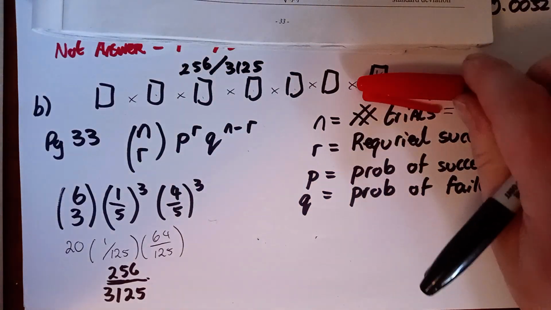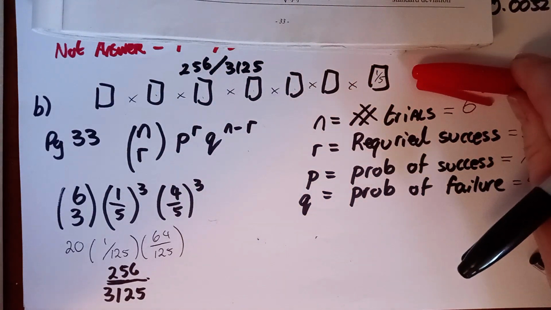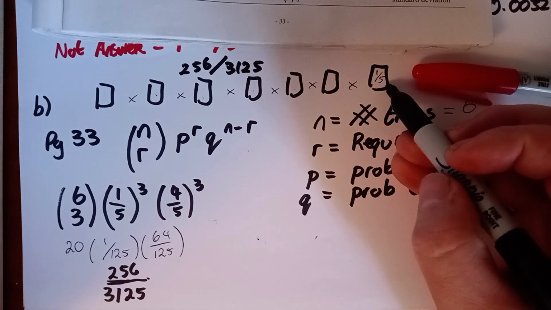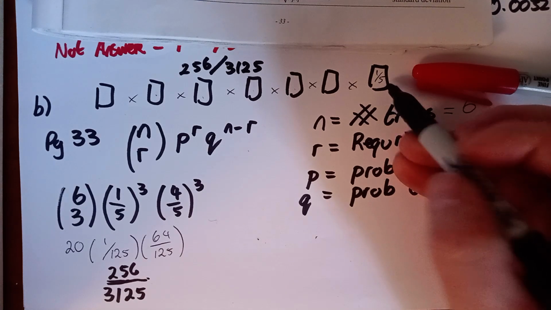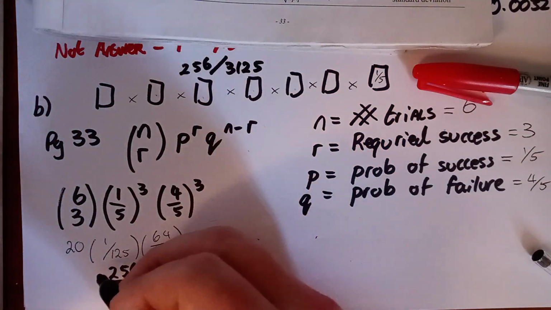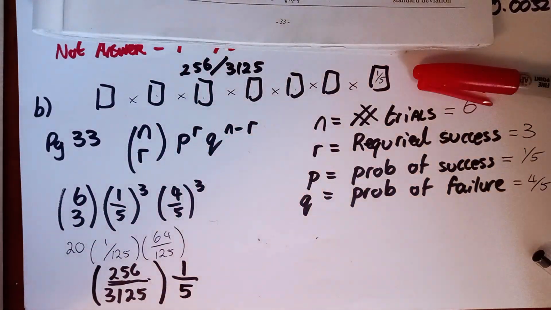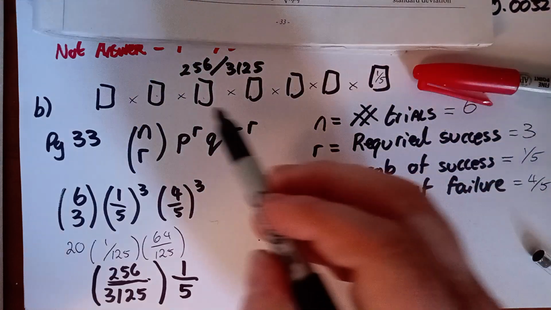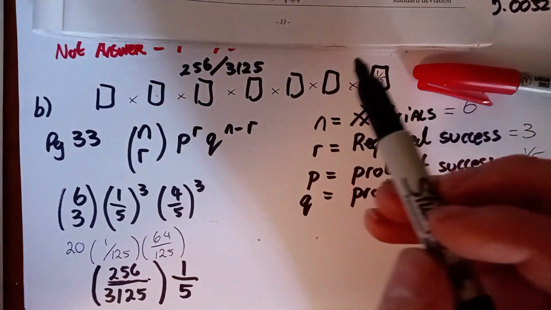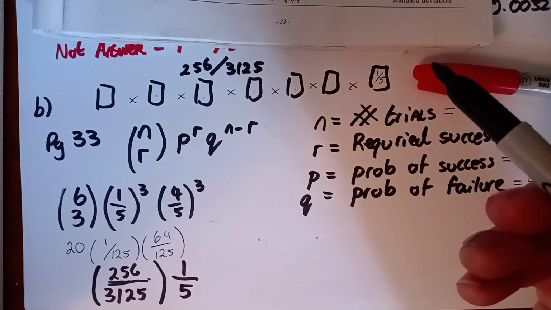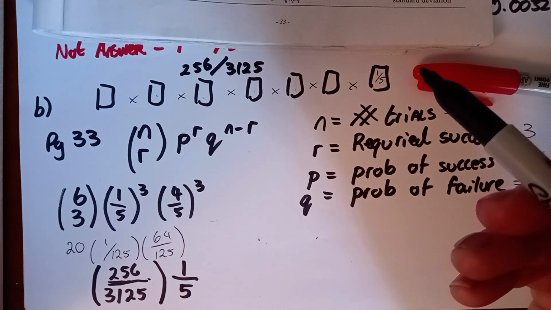But we can't forget our last place: the success of being answered on the 7th day, which means this must be multiplied by the success of being answered on the 7th day. So all these 6 places mathematically is 256 over 3125 probability.